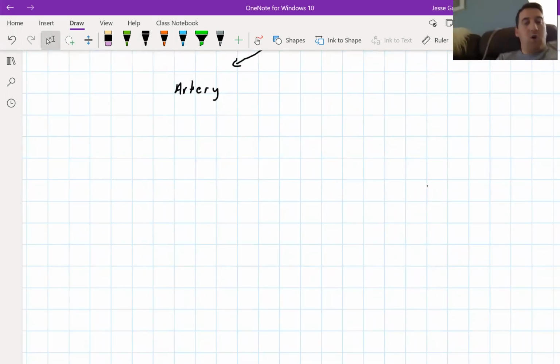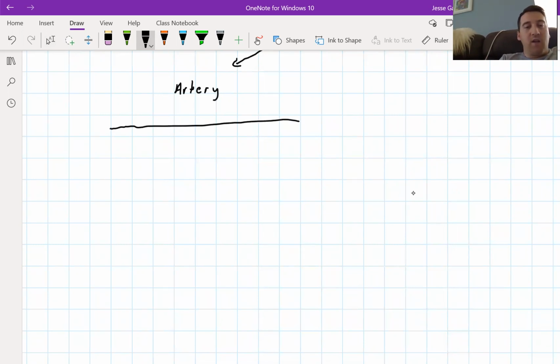Here I am going to draw an artery. I'm going to draw two views of it. I'm going to draw one as if we're looking at the side on. Okay, and here you will see that I'm drawing an artery with very thick muscle walls.